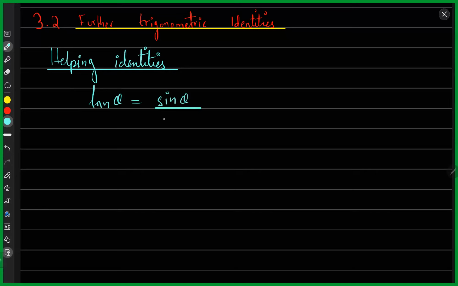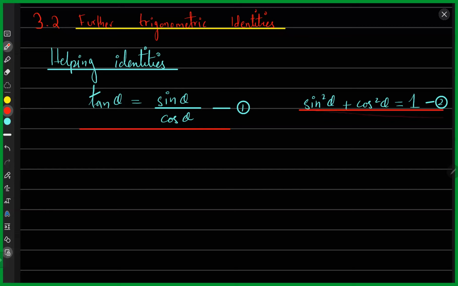This is what we used to do in AS as well. And the second one is sine square theta plus cos square theta is equal to 1. So this is basically the second helping identity. So we will be using these two trigonometric identities in order to solve or in order to prove other trigonometric identities. So let's get started.